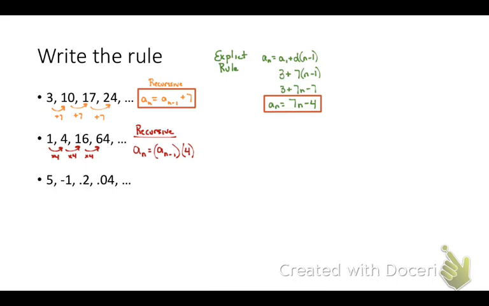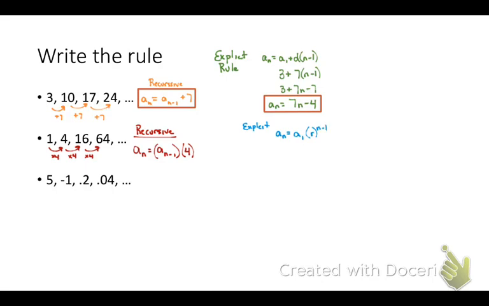Doing the same thing, if I would write the explicit rule of geometric, I have a sub n equals a sub 1 times r to the n minus 1 power.